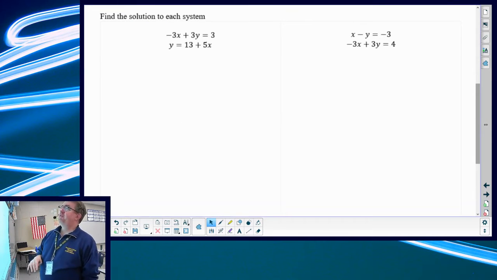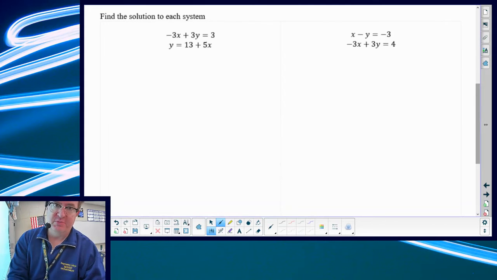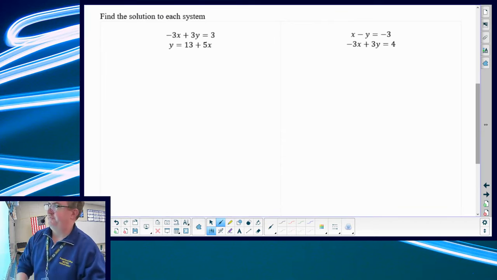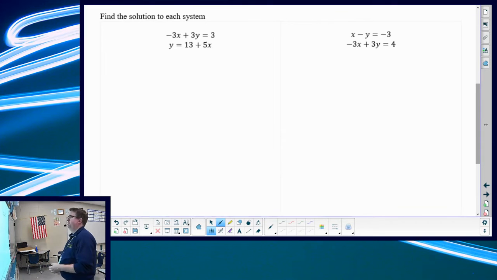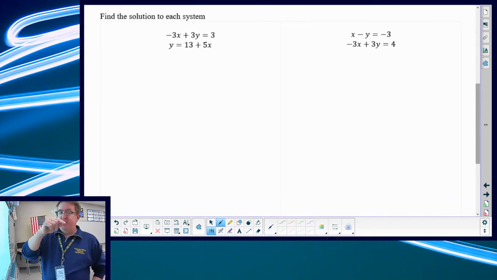So, find the solution of each system. How does that work inside of an algebra equation? This is how.